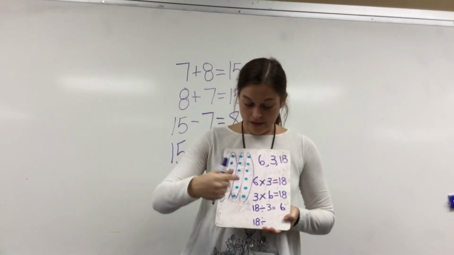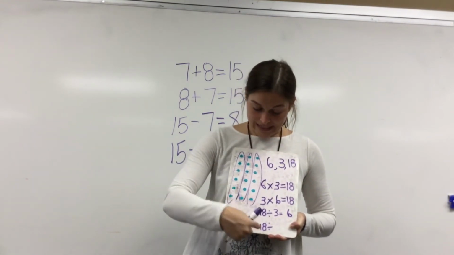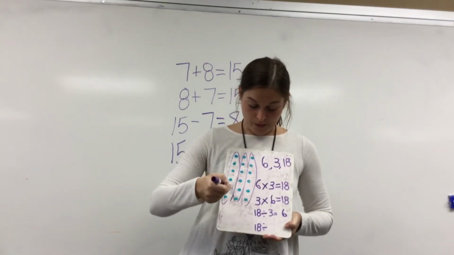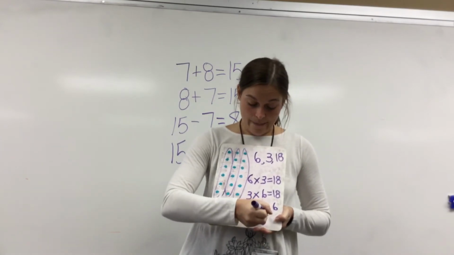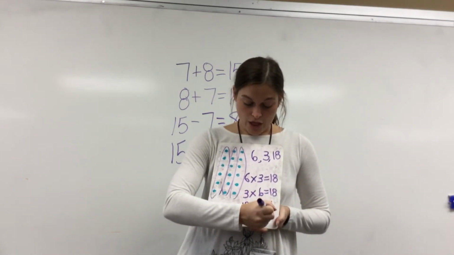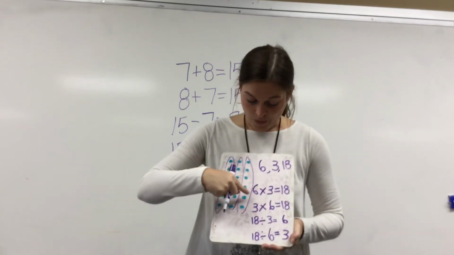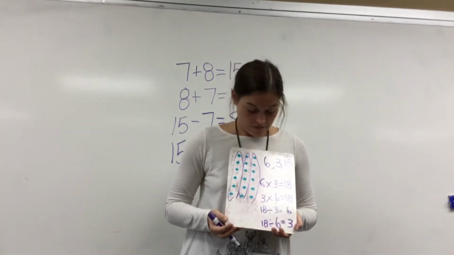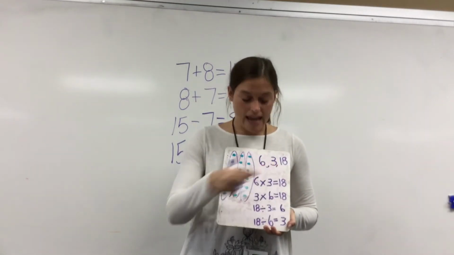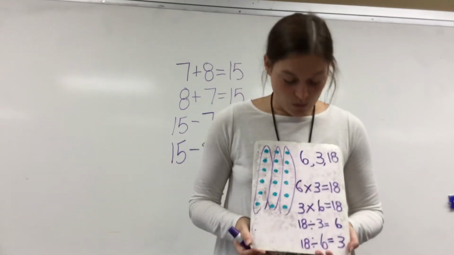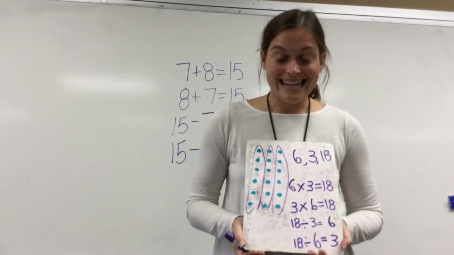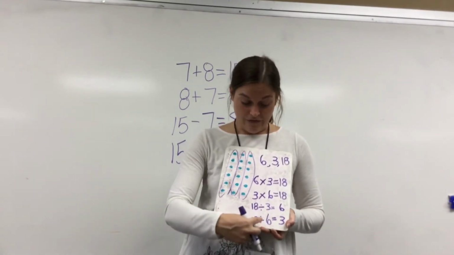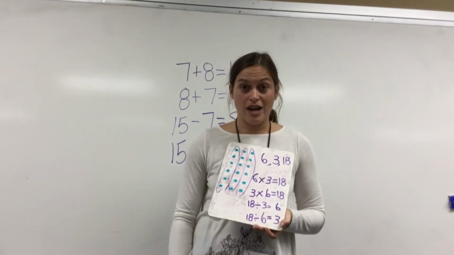We're so smart. And for my last one, now I'm going to take my total 18. I'm going to put them in 6 groups. How many would go into each group? 3. So again, I have the same numbers. 6 times 3 equals 18. 3 times 6 equals 18. 18 divided by 3 is 6. 18 divided by 6 is equal to 3.